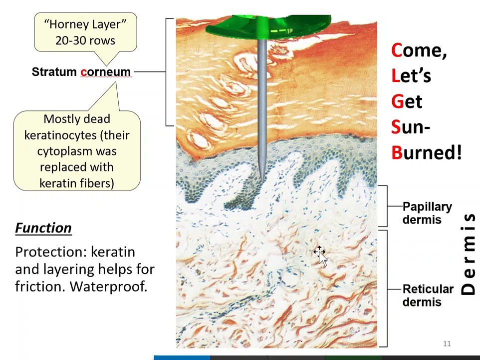They kind of explode, in a sense. Overall, the function of this layer is to have that keratin out in the open to protect against friction and also help a little bit with the waterproofing of your skin.